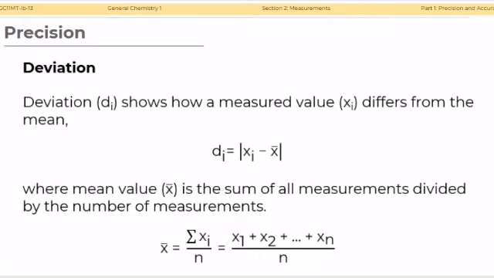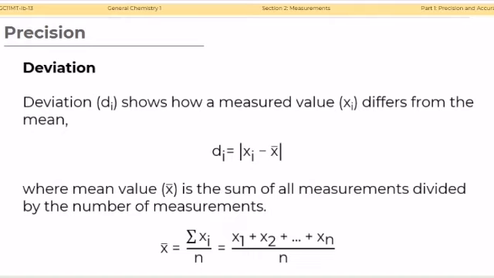One measure of precision is deviation. Deviation, or Di, shows how a measured value, or Xi, differs from the mean, which is the sum of all measurements divided by the number of measurements.